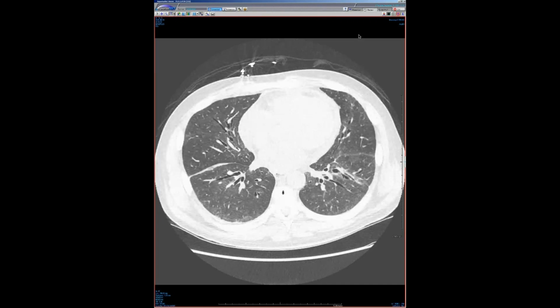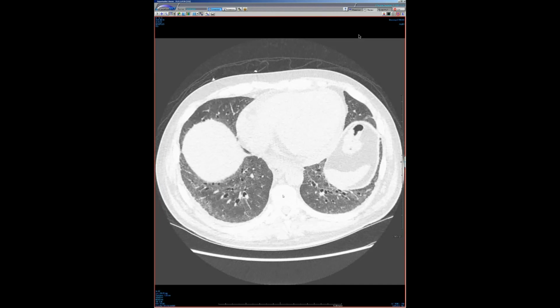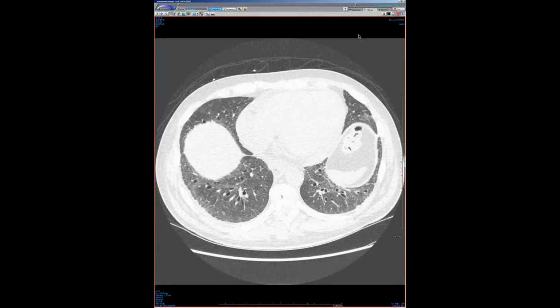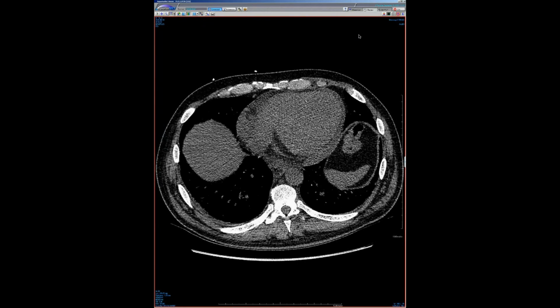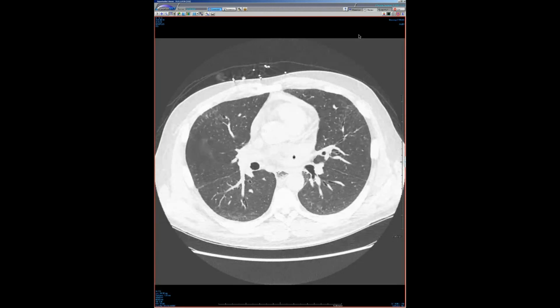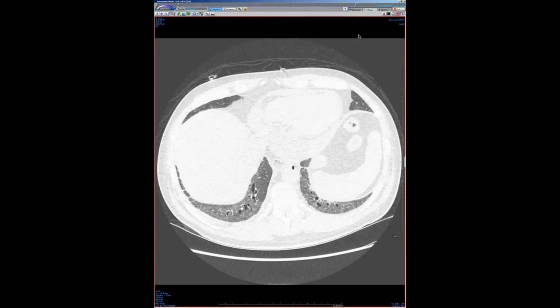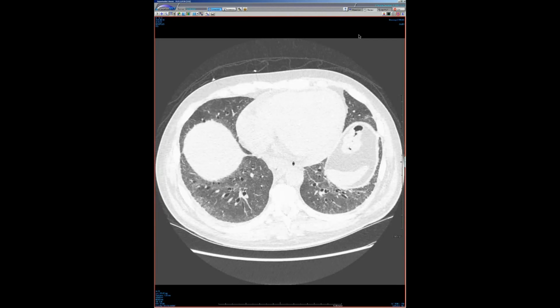This is the earliest scan. I didn't include the soft tissue windows, I apologize, but the patient has some pleural thickening, some pericardial thickening, and a very nice classic NSIP pattern of pulmonary fibrosis.